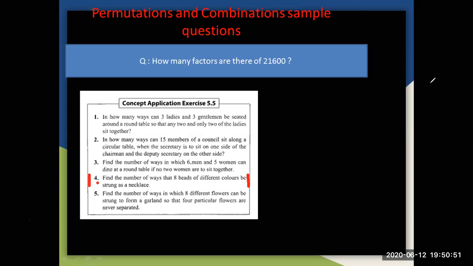Did we get an answer? Yeah, what answers did we get? 8 factorial. 8 factorial would have worked if we were arranging them in a line, but in this case, we are arranging them around together in a circle. 8 factorial times 7.